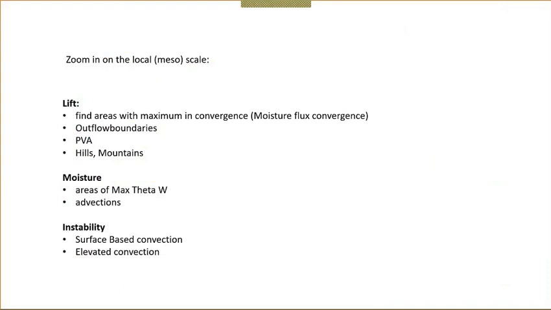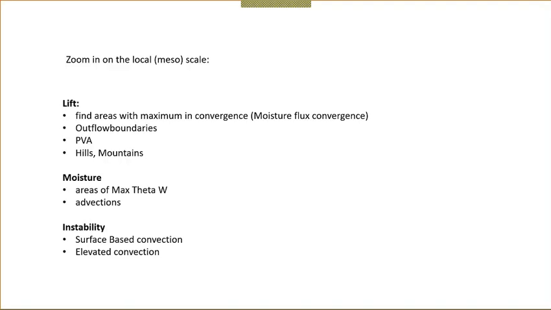Okay, to give you a summary before I go over to the next topic. When you have lift and moisture and instability, to start with lift, you have to look at lifting mechanisms like positive vorticity advection. It can also be outflow boundaries, and especially when you look at the boundary layer, then it is also important that you look for moisture flux convergence.